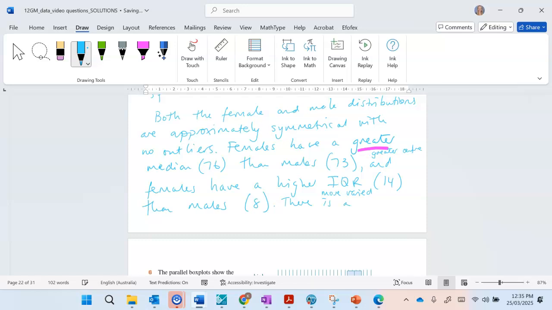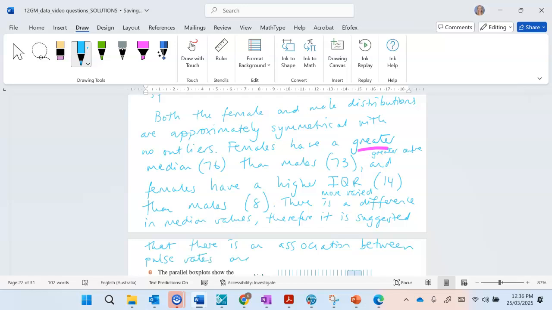There is a difference in median values, therefore it is suggested that there is an association between pulse rates and sex, or you can say gender if you want to, gender.